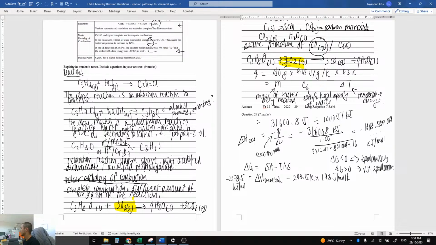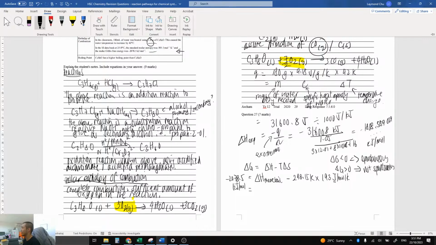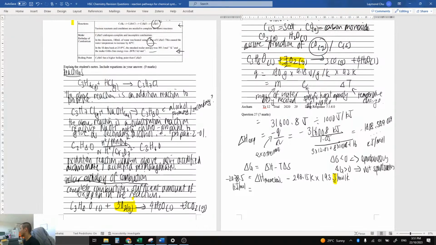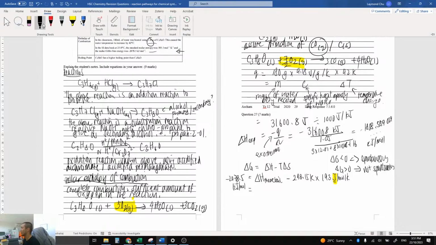Now, my students always forget this, and I'm sorry to keep banging on about it, but you really need to convert this unit to kilojoules. This is by far the most common mistake I've seen, not converting joules into kilojoules. So we need to divide this number by 1000.